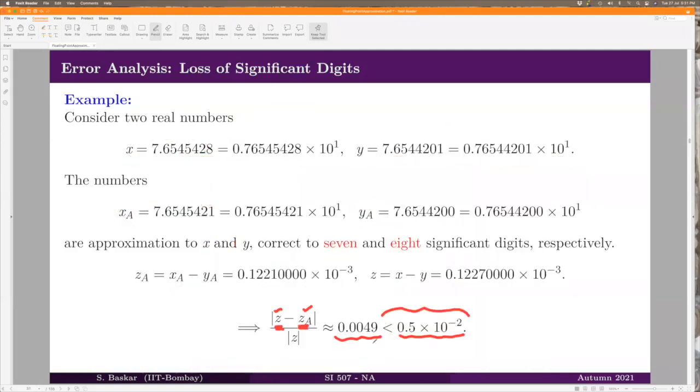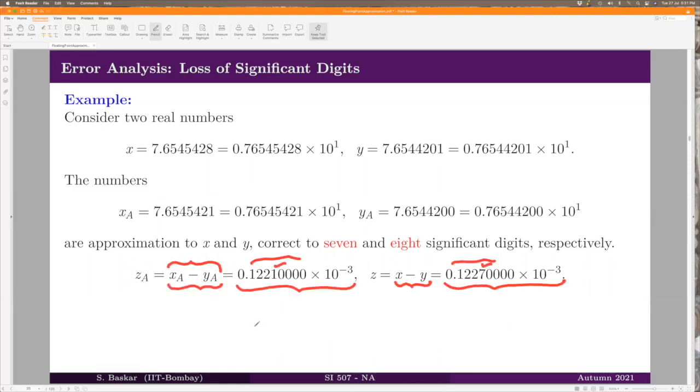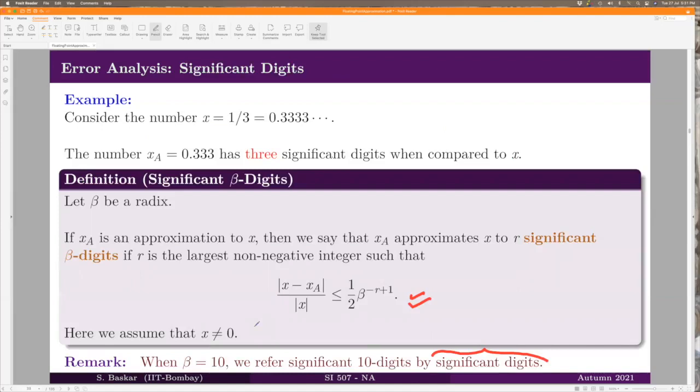If you go back to the definition, you see this entire exponent was minus 2 in our case.